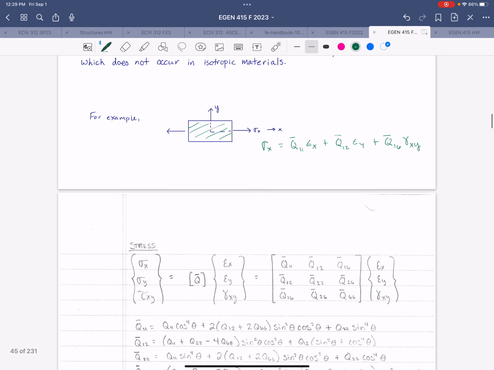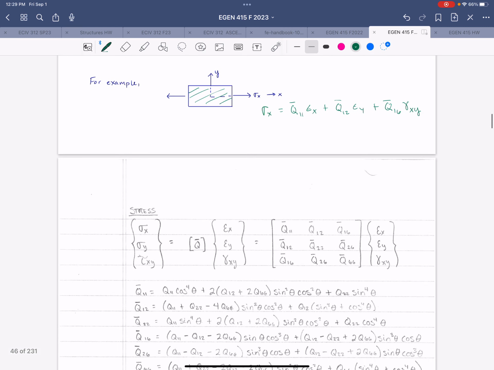That's just following the first row in the matrix equation. And then, of course, if you have other stresses applied, you add those other rows.